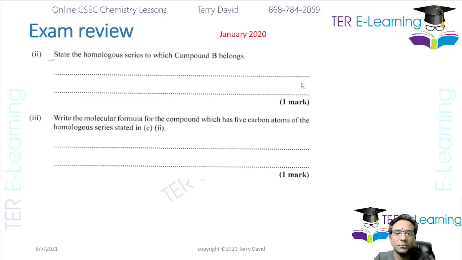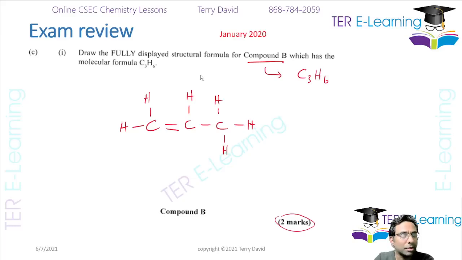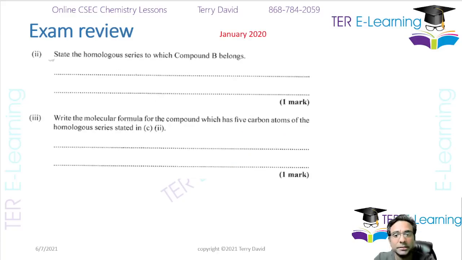So compound B now, they said what homologous series does this belong to? Well, it has a double bond, so therefore that's an alkene, right? So this here is simply an alkene. Now, the third part now, they said write the molecular formula of the compound which has 5 carbon atoms. Now, in order to answer that, you need to know the general formula.